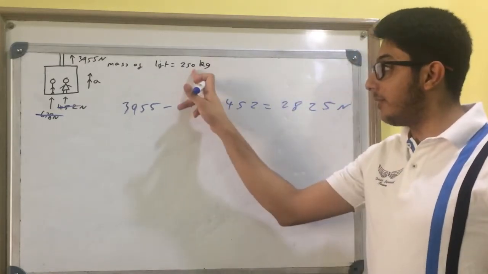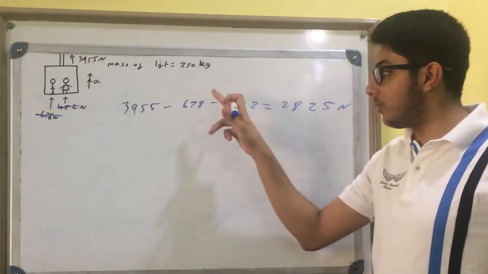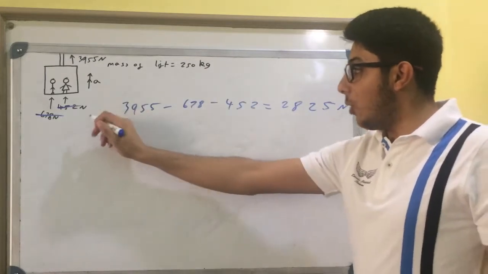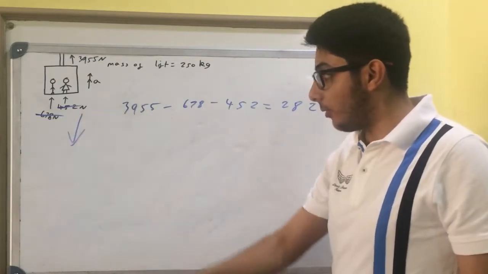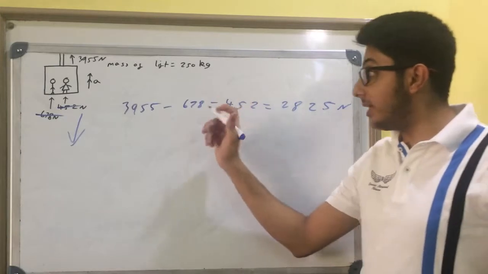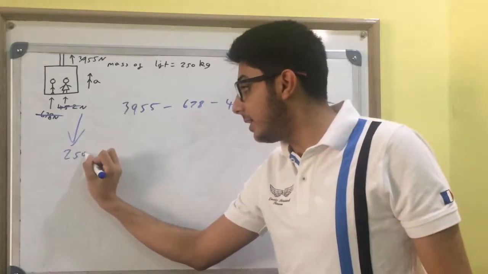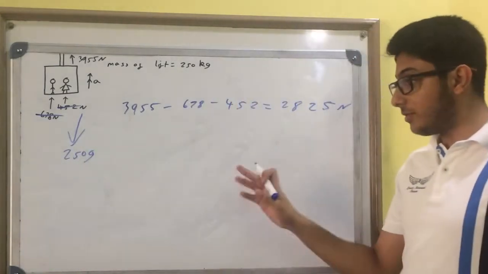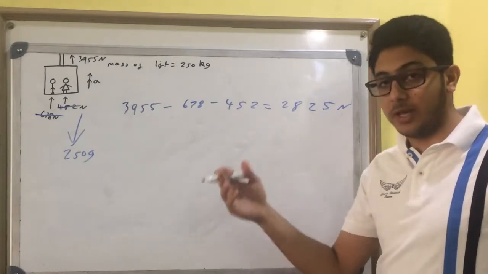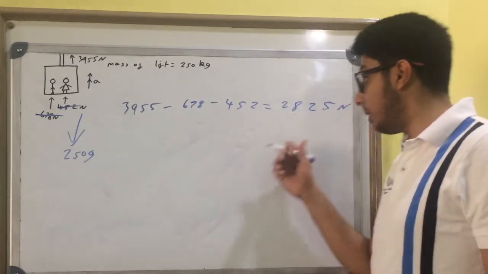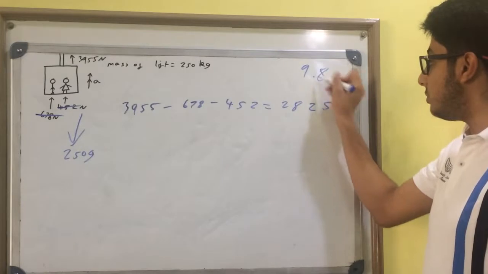Now the mass of the lift is 250 kilograms. What is the force going down? It is the weight of the lift, which is 250g. So 250 multiplied by 9.8 or 9.81, depending on which exam you're taking. I'm going to use 9.8, 2 significant figures.